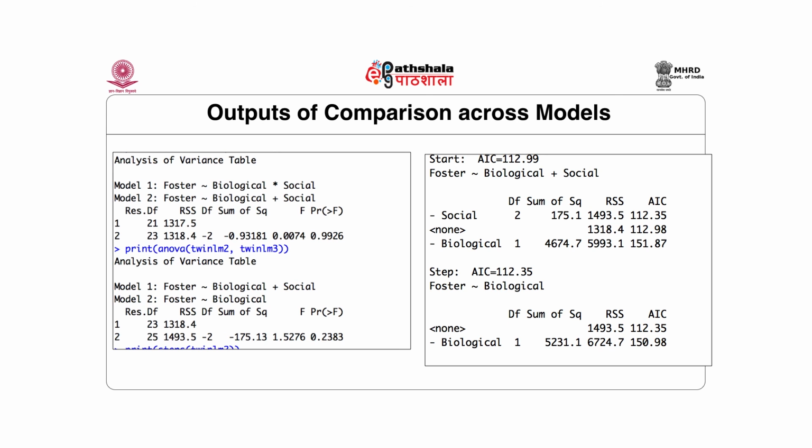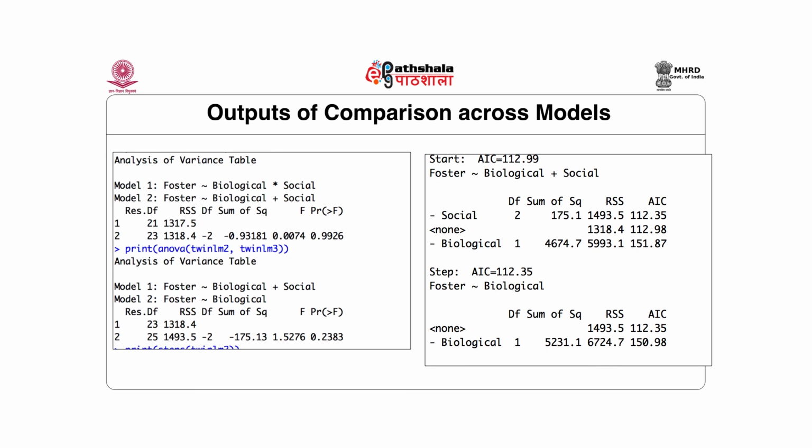Which means leaving the biological variable there would perhaps be a better ploy. So when we compare the models, we see that the biological parenting probably explains most of the foster IQ, the IQ of children raised by the foster parents.